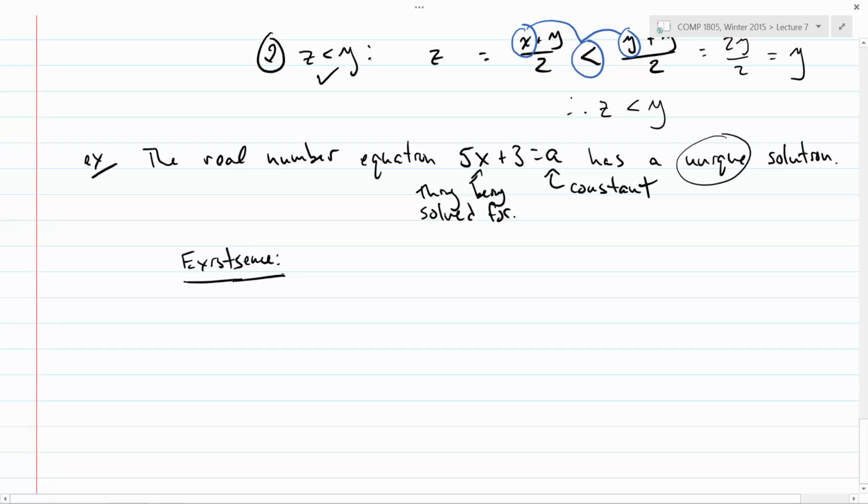What do you think the solution would be to this equation? Yeah, it's going to be a minus 3 over 5. A minus 3 over 5 is the solution. Does everyone believe that?